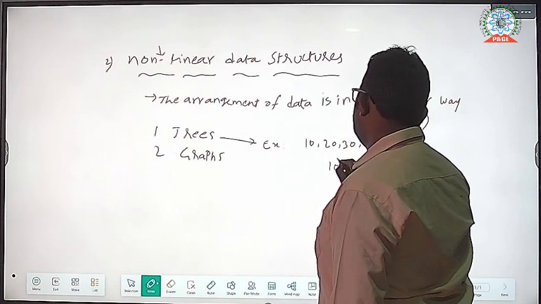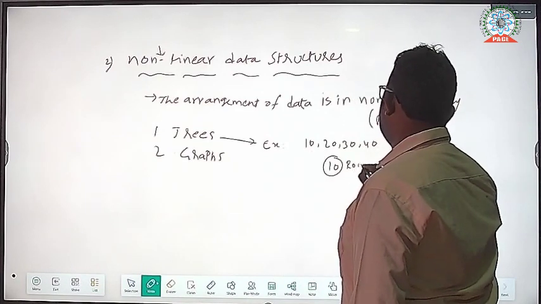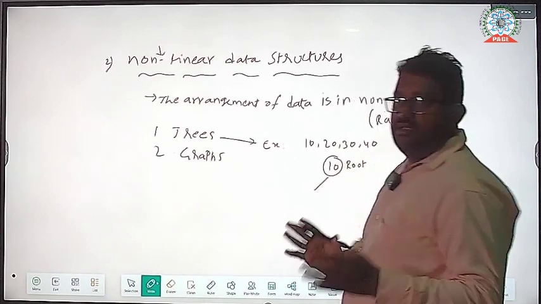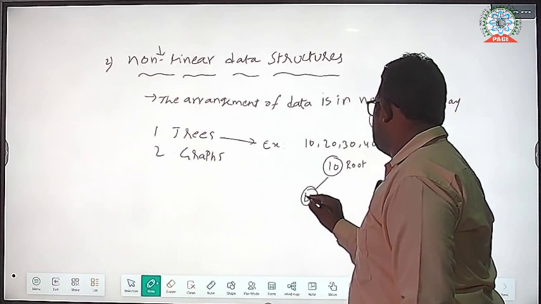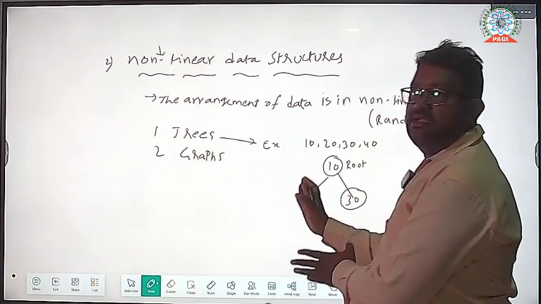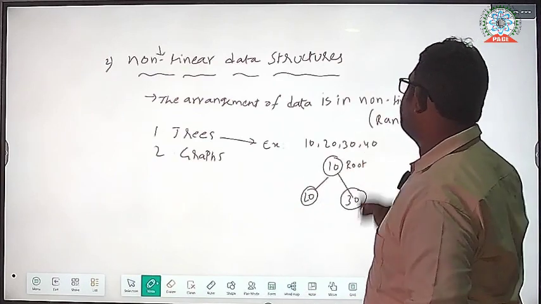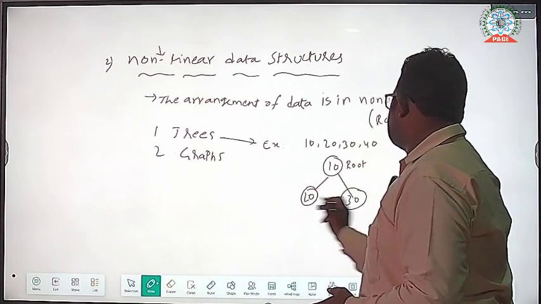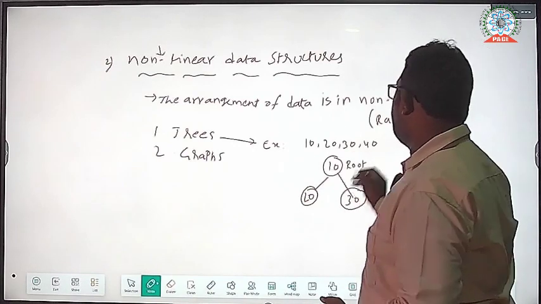That means the first element is going to be set as a root, and the next element is going to be fixed at the left side of the root, so that is 20, and once the left subtree is finished, later on the next element will be placed at the right of the root. Then once the left and right subtrees are fixed, we need to go for the next level.